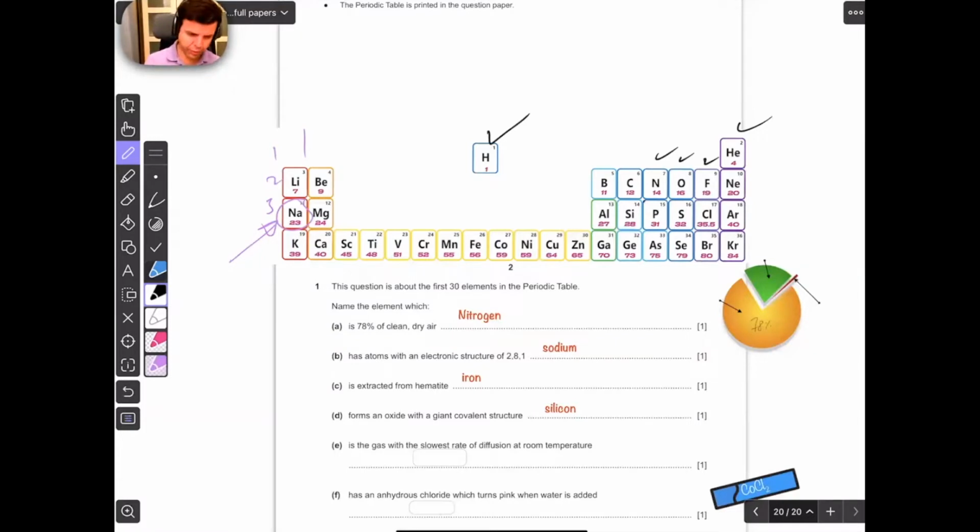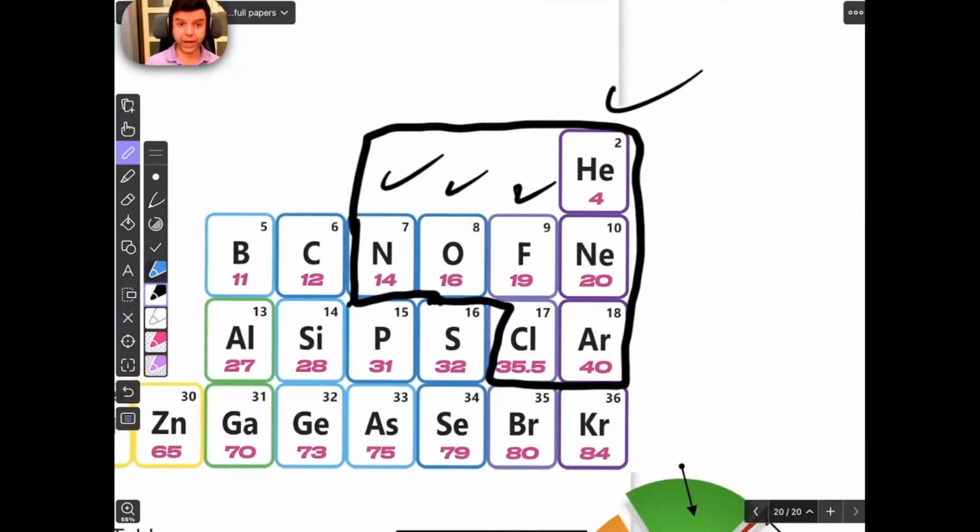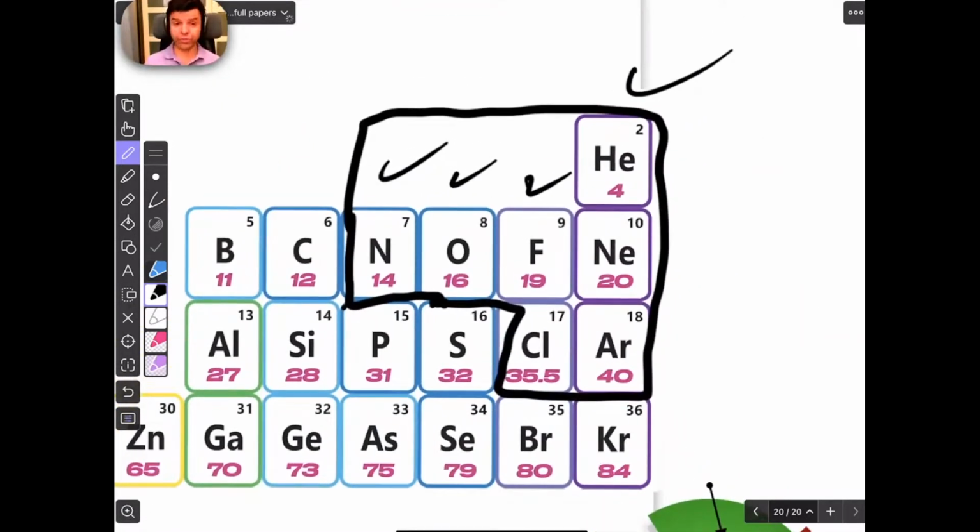So I'm just going to put a frame around these elements, and then we pick the one that got the highest molecular mass, right? So argon is not going to be included because it's not a member of element 14. Not a member, because they wanted you only to pick up to atomic number 30, right? So that's going to be our choice here, right? So what am I going to choose? Any idea? Yusuf? Argon.